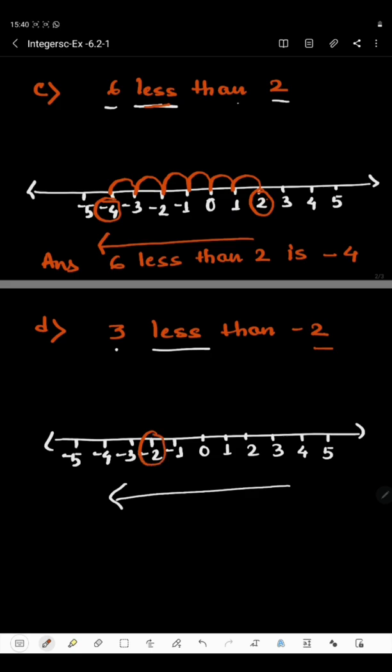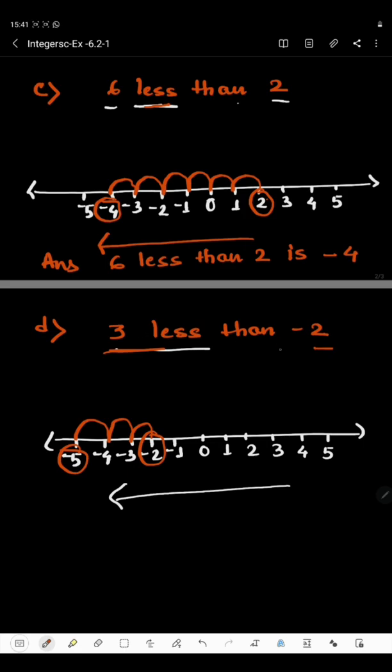Here it is. Now we have to find the number which is less than minus 2, and you have to move 3 steps. When you start moving from minus 2 and move 3 steps to the left of minus 2, the count is 1, 2, 3, and you will reach minus 5.